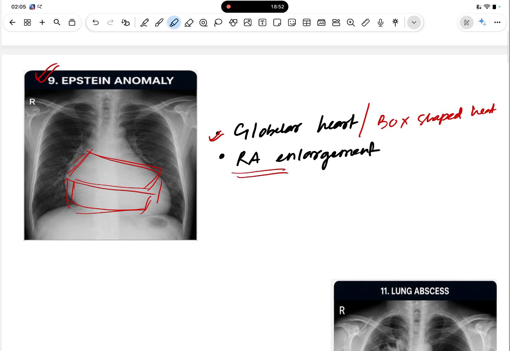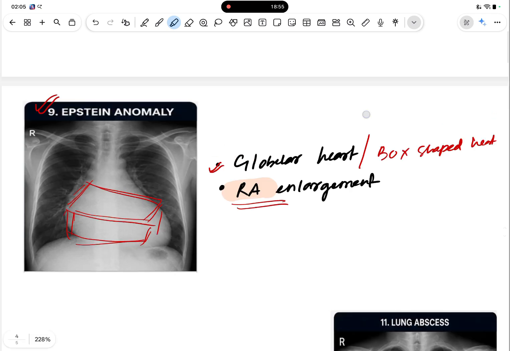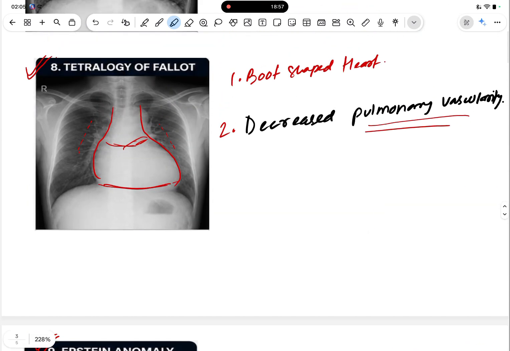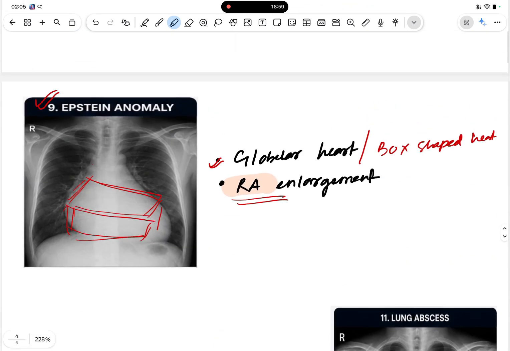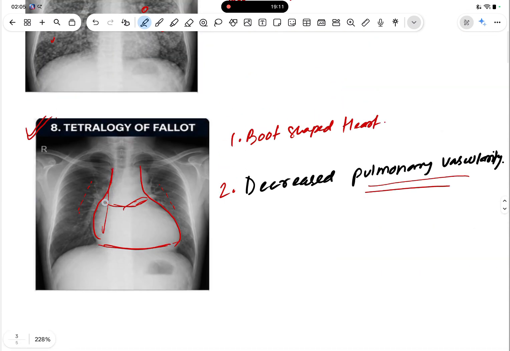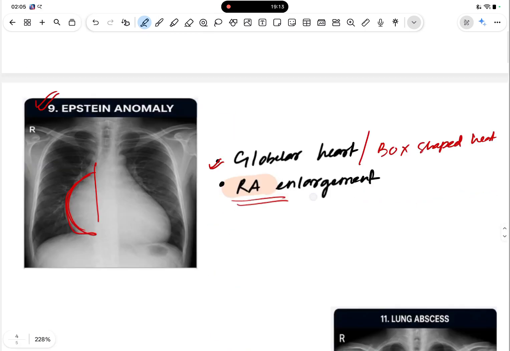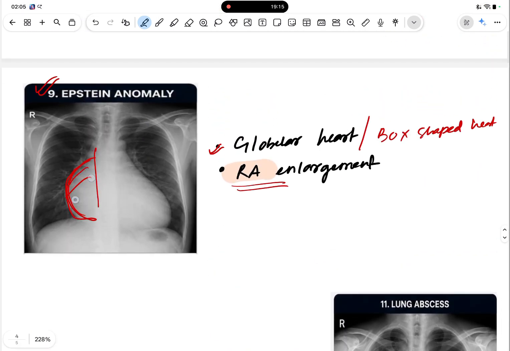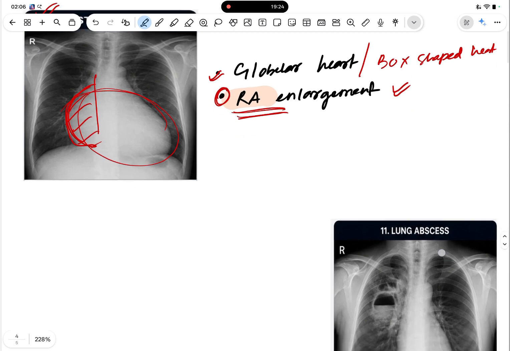This is an important point because students might get confused between the boot-shaped and the box-shaped heart, right? So there is clear-cut, very much enlargement of the right atrium. See, the right atrium is so enlarged, but in the other case the right atrium is not that much enlarged. This is very enlarged. This is a globular heart. There is prominent right atrial enlargement in the case of Ebstein anomaly.